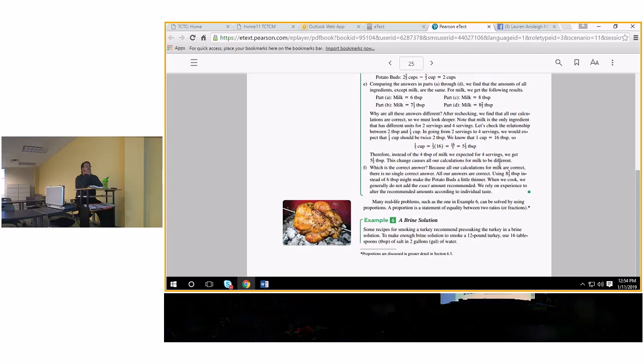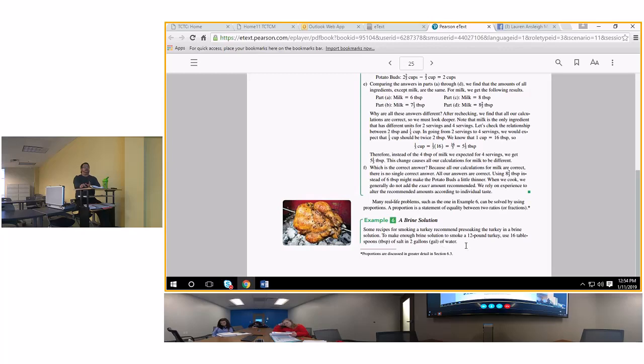Okay? Some recipes for smoking a turkey recommend pre-soaking the turkey in a brine solution. To make enough brine solution to smoke a 12-pound turkey, use 16 tablespoons of salt in 2 gallons of water.